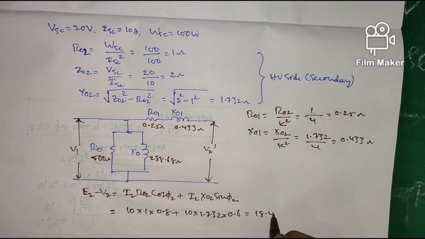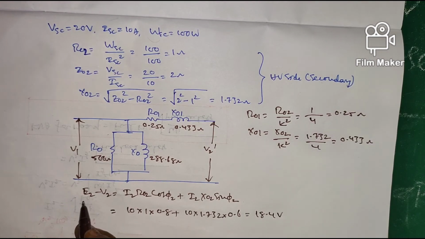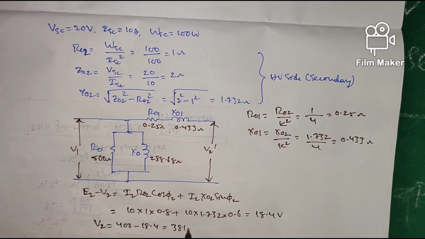Approximately you get 18.4 volts. We know the value of E2 is equal to 400 volts. From this we can find out the terminal voltage as V2 is equal to 400 minus 18.4, which is equal to 381.6 volts.